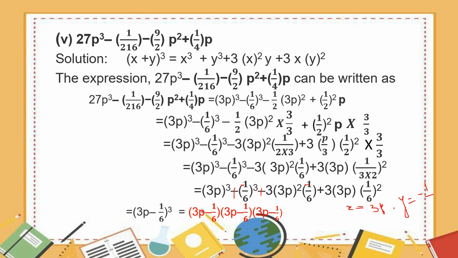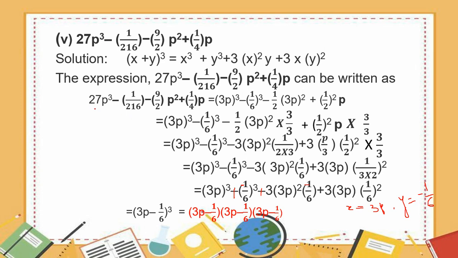As the problem is given with positive and negative signs and our identity is in the positive terms, here the negative terms we have to take as 1 by 6. So now it becomes 3p minus 1 by 6 whole cube, that is equal to 3p minus 1 by 6 into 3p minus 1 by 6 into 3p minus 1 by 6.